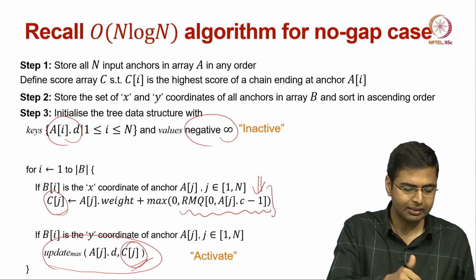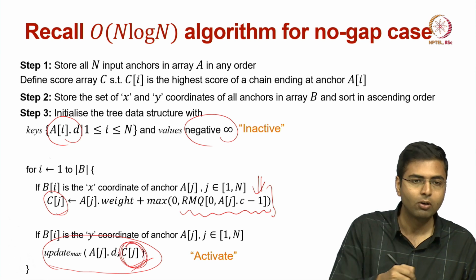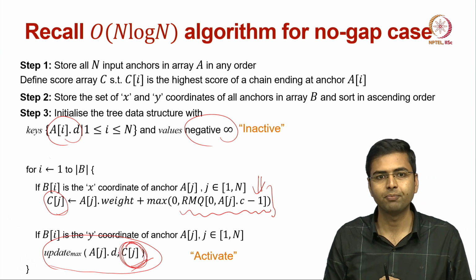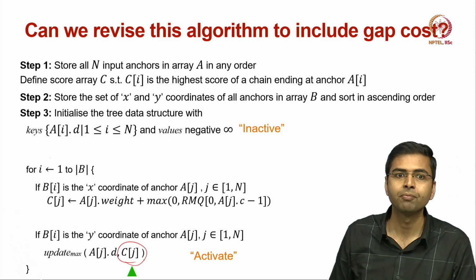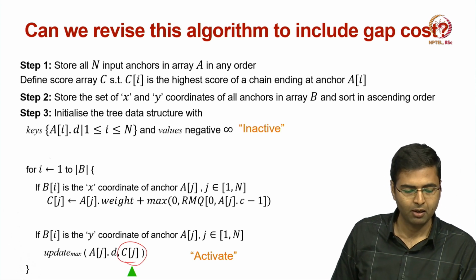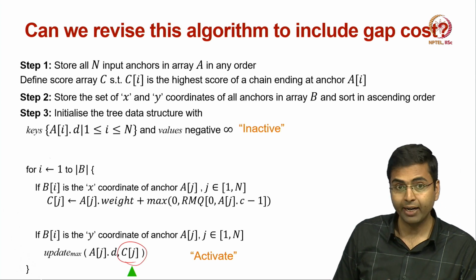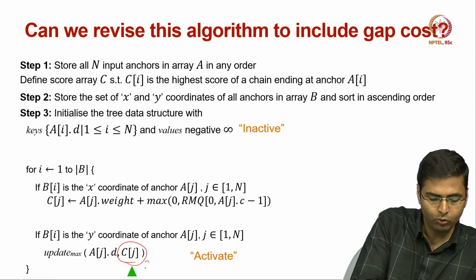So, how do we adjust this priority to also account for the gap cost? Somehow we have to adjust this priority as well. Now, intuitively what may come to mind is, what if we set it to Cj minus gap?